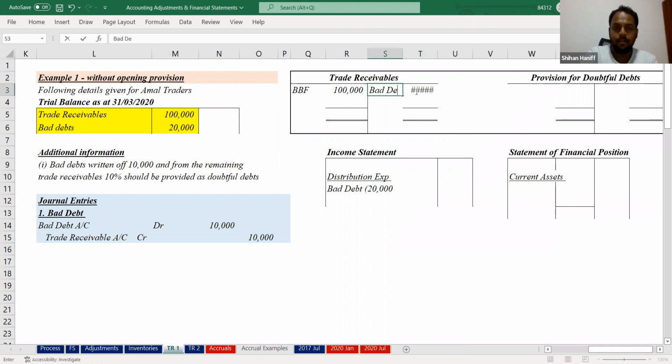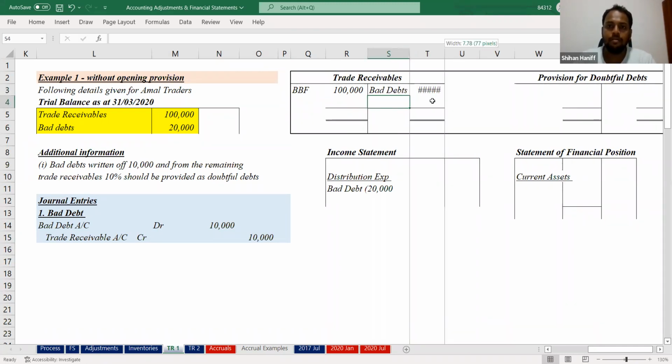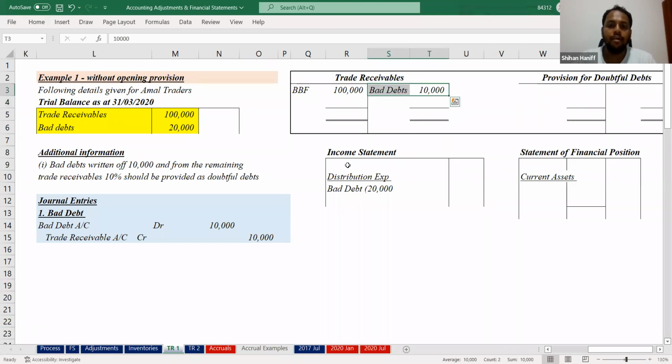Bad debt. And there is a bad debt account already with a balance of 20,000. So this will increase by another 10,000.